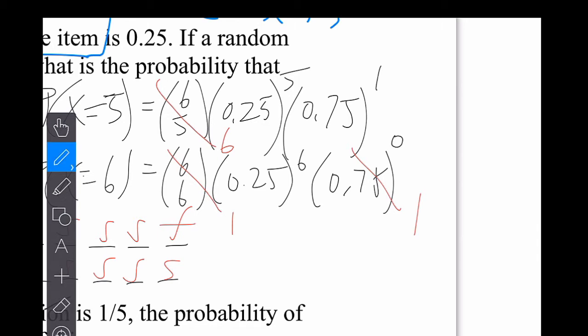This one is very small, 0.0044. I'm rounding to 4 decimals.